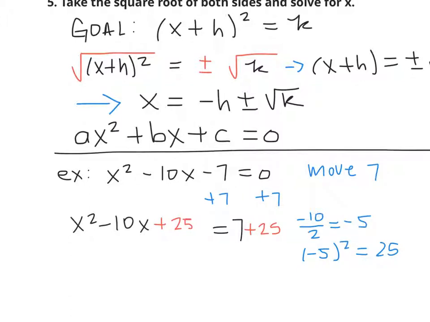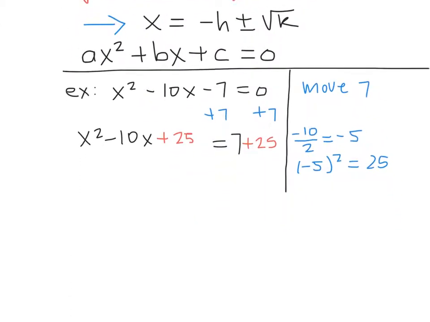I'm going to draw a line here to separate out where we're doing the work and the steps. Our next step is where we can write it in this form. We can add the 7 and the 25. We get 32.